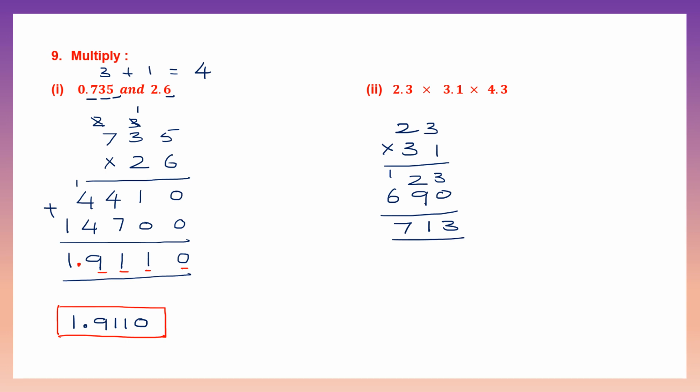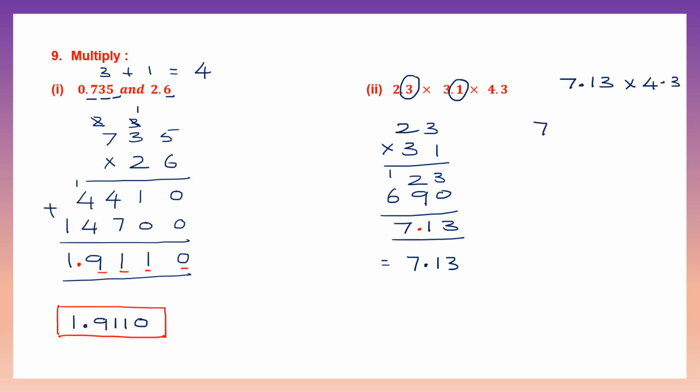So I've got 713. Let me go back and check the decimal places as 1 plus 1, 2. My answer also should have 2 decimal places. So here my answer is 7.13. I'm going to use that to multiply 4.3. So I'm going to multiply 7.13 into 4.3.